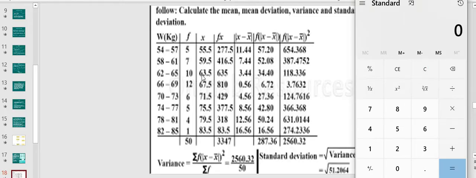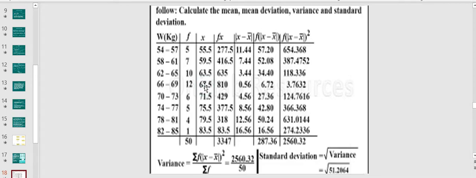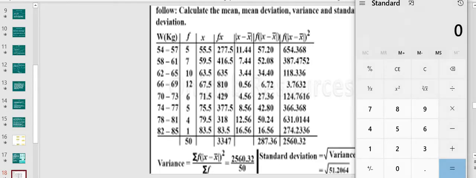Now if we multiply 63.5 with 10, it simply will be equal to 635. Now we'll multiply 67.5 with 12, which is equal to 810.